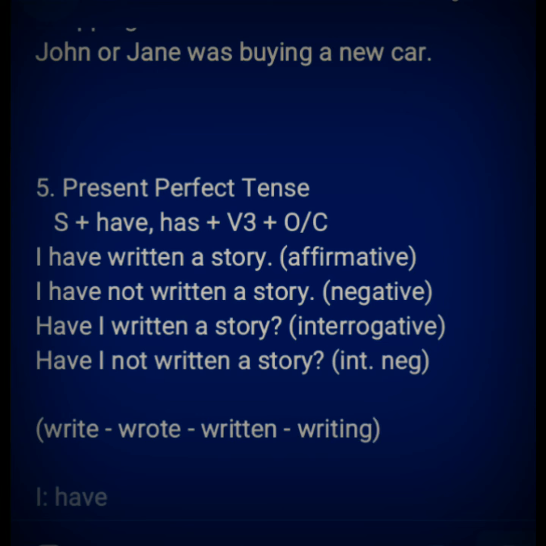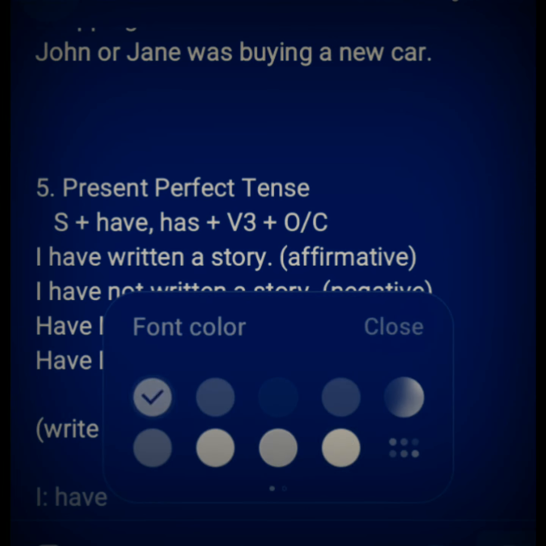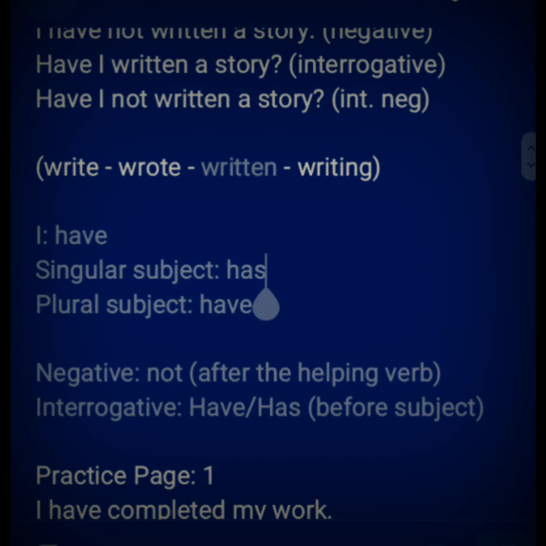So we have to use this third form of the verb, written, in this perfect tense. Third form of the verb: write, wrote, written. We have to use the third form of the verb in this present perfect tense and the past perfect tense also.